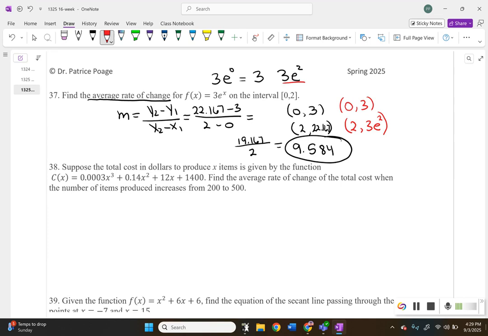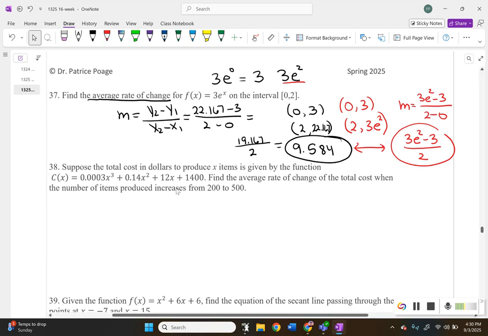And so if we did that and we wanted to find the slope, then we'd have 3e squared minus 3 over 2 minus 0, which the top part doesn't get any better. It's just 3e squared minus 3 over 2. So either one of these is fine.